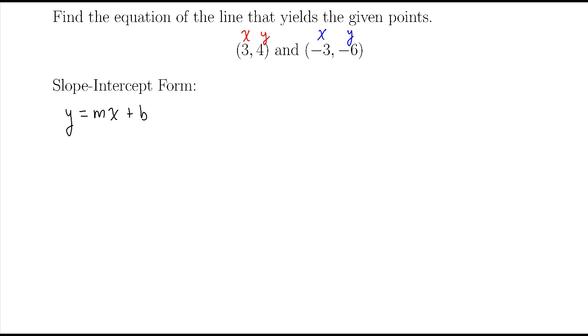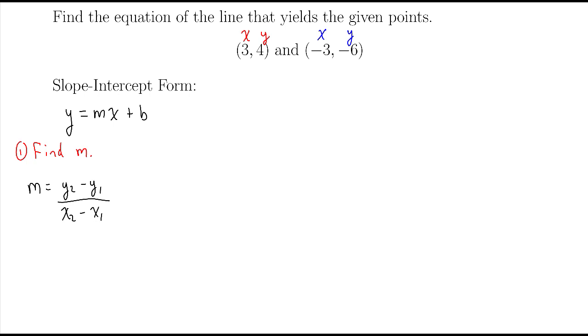First we'll start off by finding m. Remember, we have a formula for that: y2 minus y1 divided by x2 minus x1. We subtract the y values, we subtract the x values, and we put the difference in the y's over the difference in the x's.